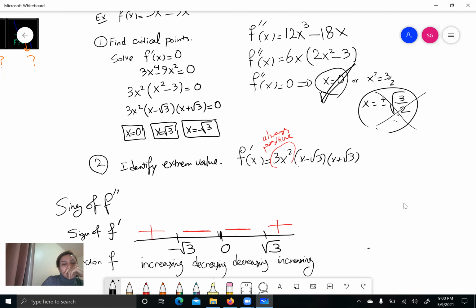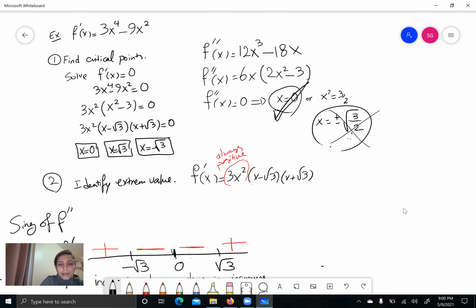So around zero, for example, let's say 1. At 1, 6 times 1 is positive, then 2 minus 3 is negative, so this is going to be negative.